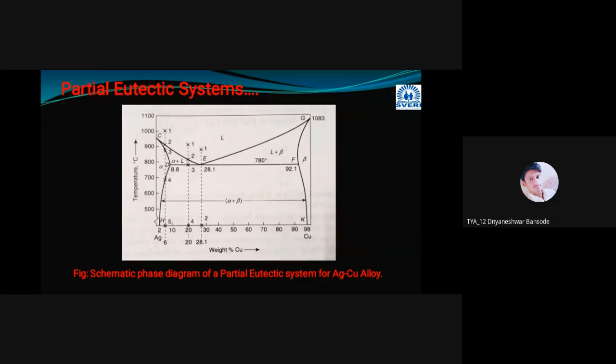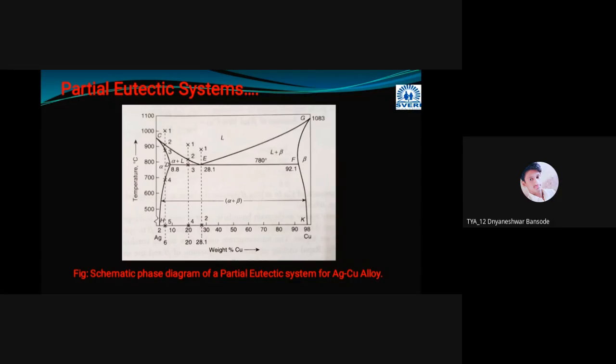But what will be the similarity here? Towards the left hand side of point E, whichever alloys are there will have solid solution alpha. Whenever you are explaining the right hand side curves after point E, you just have to replace alpha by beta and beta by alpha in the microstructural changes.